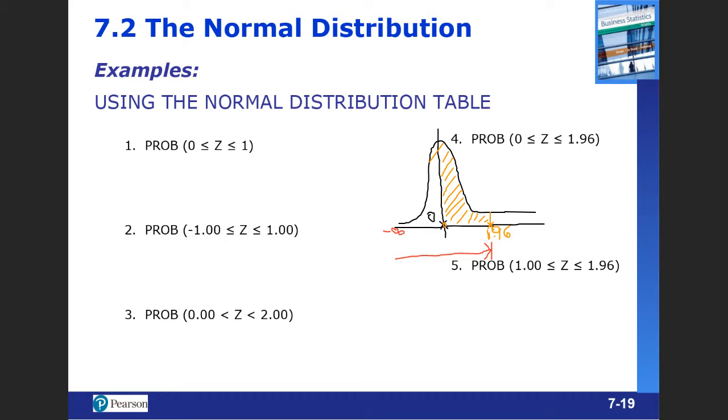So from negative infinity up to 1.96, the area should be 0.975. What's the area from negative infinity up to 0? Yes, so that's 0.5. So Jamera, what should I do next?